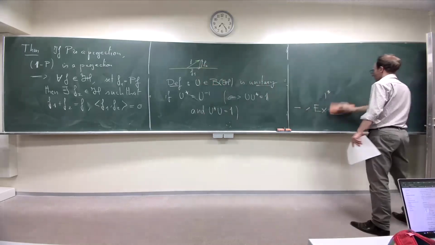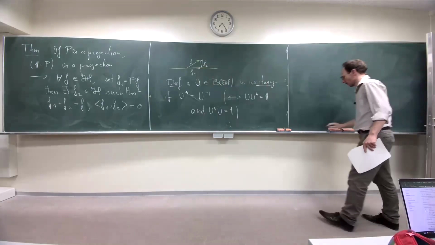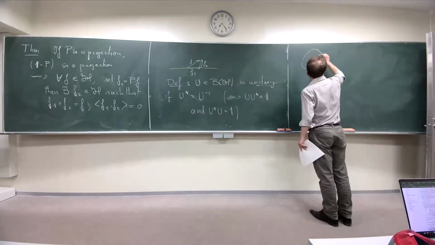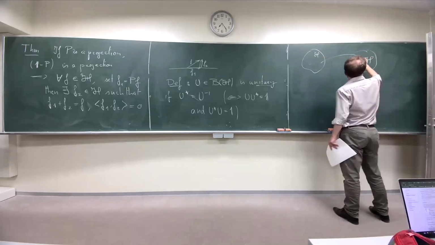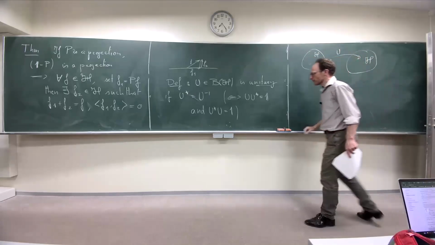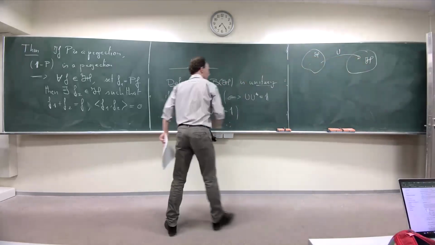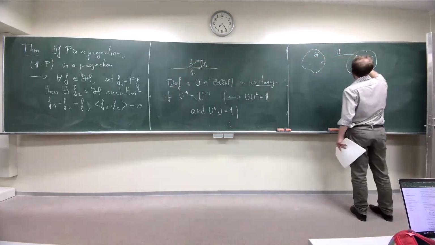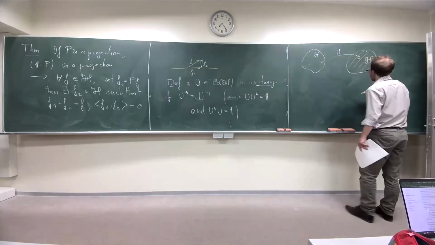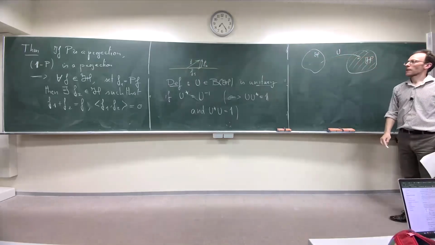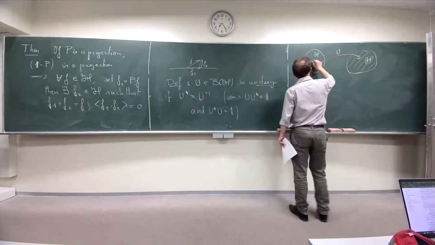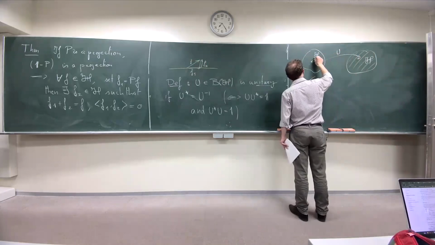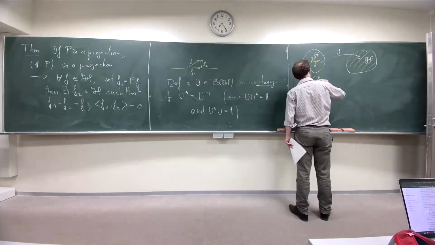So let me do a picture of a unitary transformation. Again, we have H and a U. First, it means if U is unitary, the range is everything. So the yellow part is everything. But what about if I take two elements here and compute the scalar product?